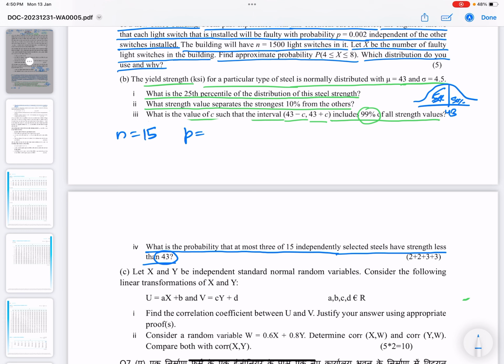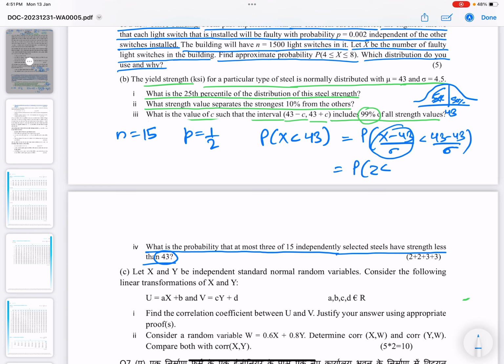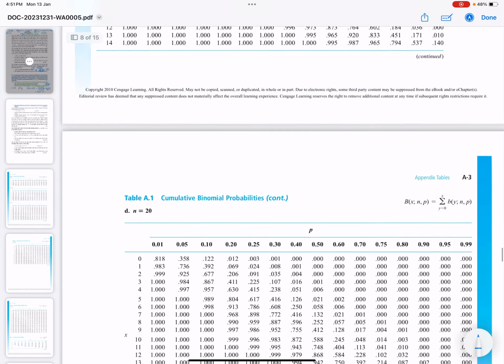So p is half. So probability x less than 43: x minus 43 by sigma, and 43 minus 43 by sigma. Sigma was 4.5. So this becomes z. So this is probability z less than 0. So we'll see what the probability of z less than 0 is.